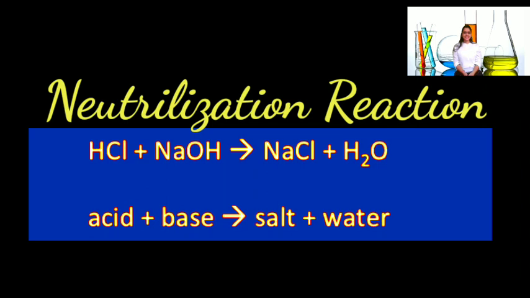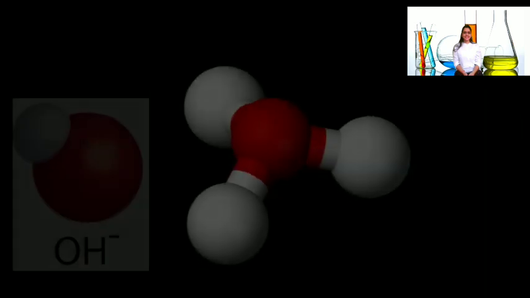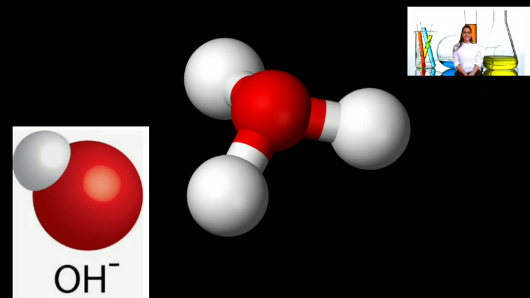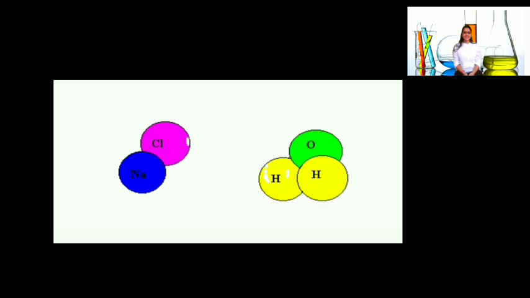That means salts are formed by neutralization of acid and base. So a simple rule to identify salts is that it should contain one positive ion other than H plus and at least one negative ion other than oxide or hydroxide ion.